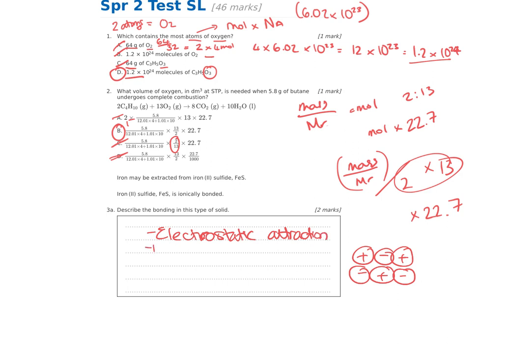And then you can say between oppositely charged ions, and that's the second mark. Or you can be more specific and say between Fe2+ and S2-. So either of those things would have got you that second mark.